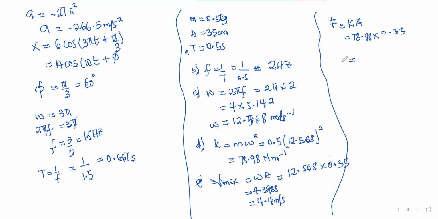Put that together for me. 78.98 times 0.35 is 27.643.